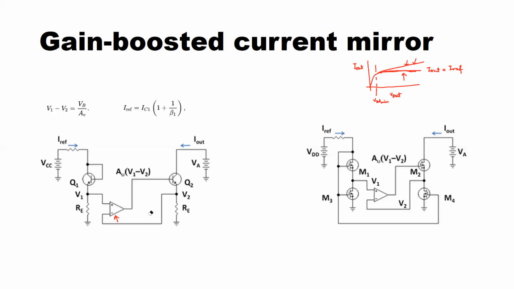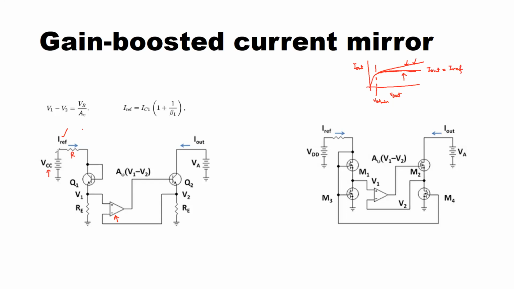Just to remind you how the circuit will work, we have used the input voltage, which is your VCC, the supply voltage, from which I use the resistor R to draw the current I reference.